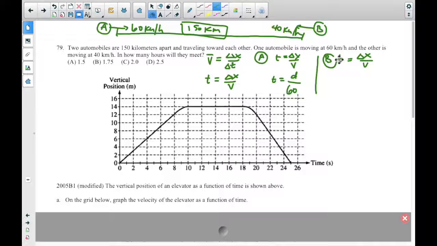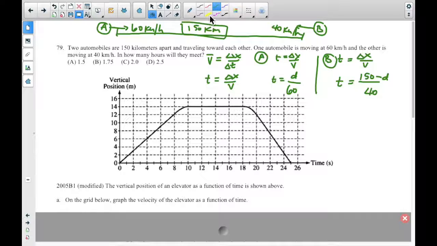For car B, I'm going to use that same equation, and this time, if car A has a distance of d, then car B has a distance of 150 minus d, and its velocity is 40 kilometers per hour.